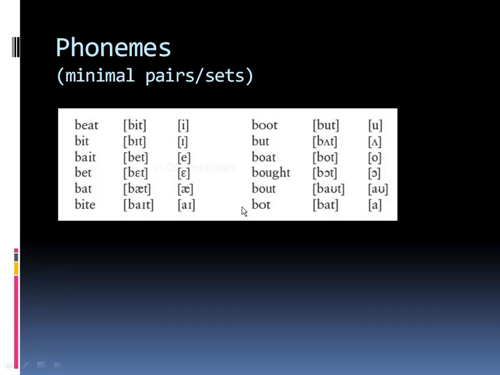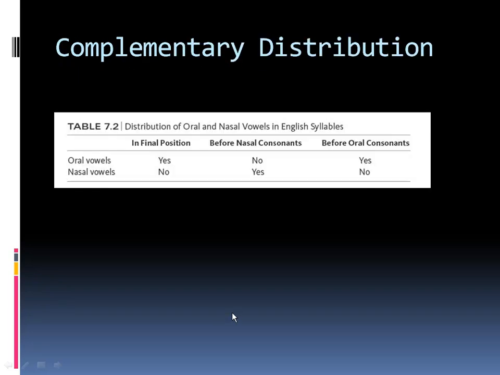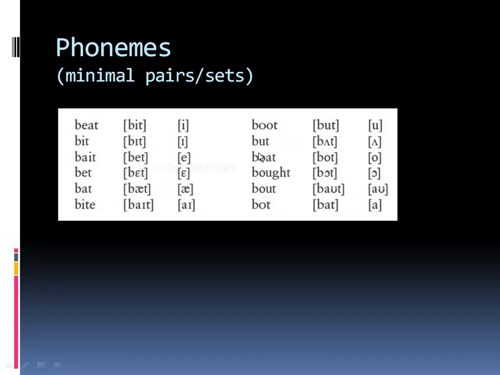So, what conclusion can you draw from these minimal sets? Not minimal pairs, but minimal sets? That all of these vowel sounds are distinctly phonemic differences, because if you change them, you cannot replace them and keep the same meaning, right?